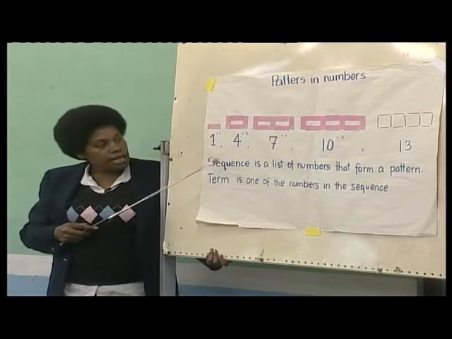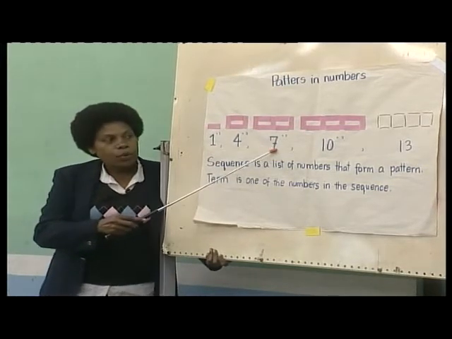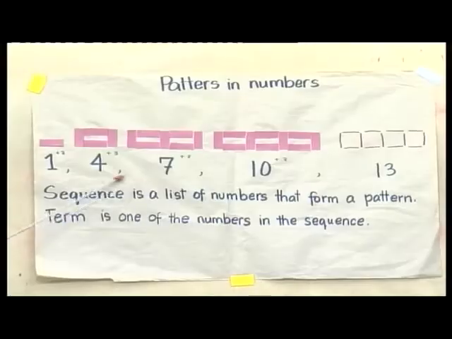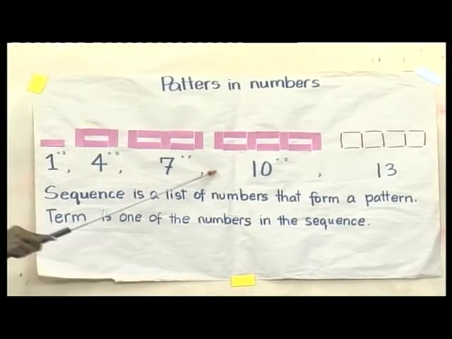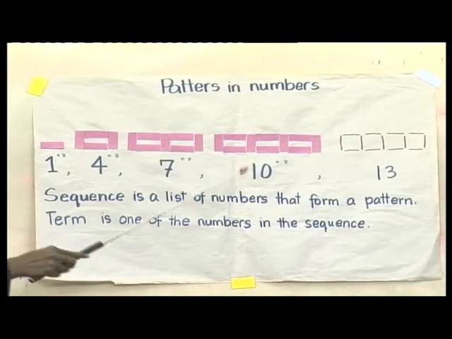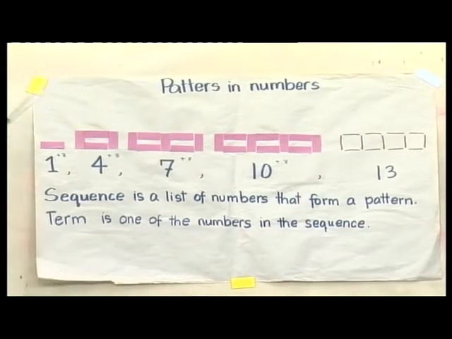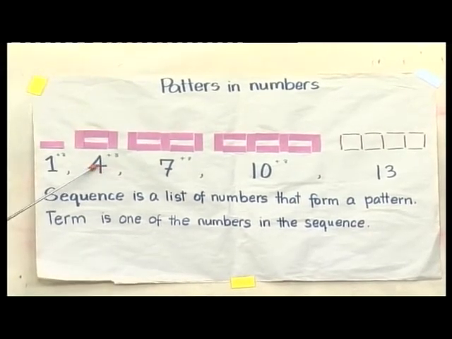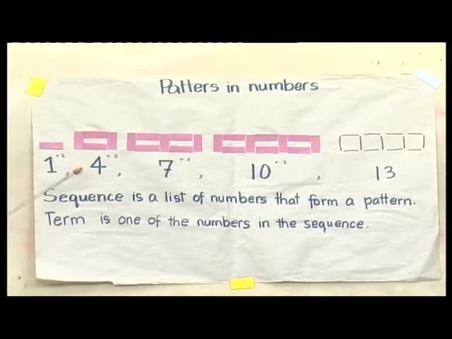Here is the sequence. Can you see? 1, 4, 7, 10, 13, and continue. That is a sequence. It's a list of numbers that form a pattern.